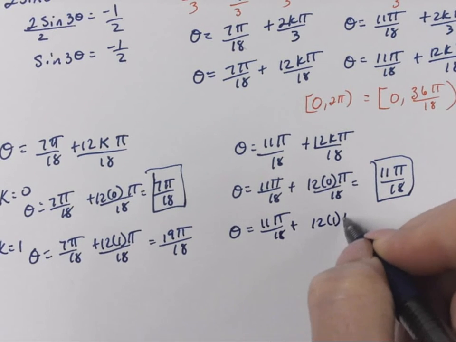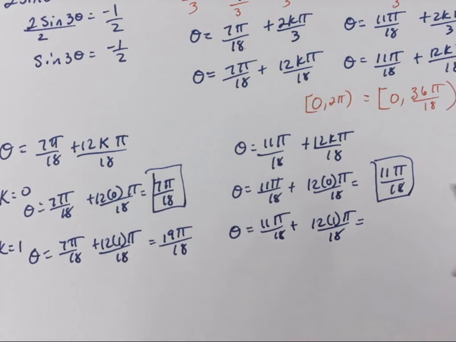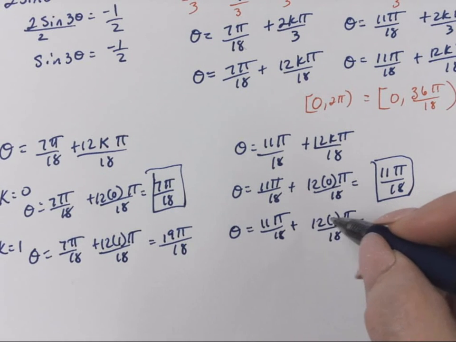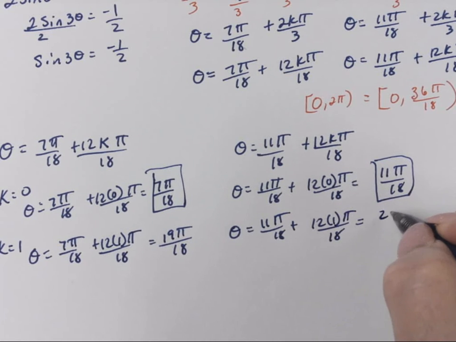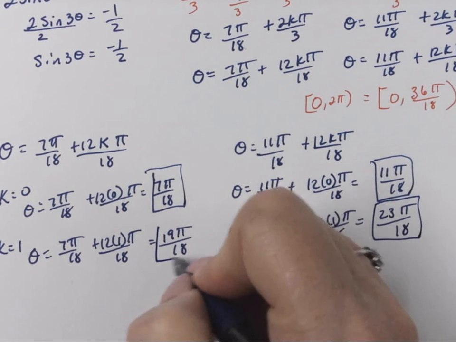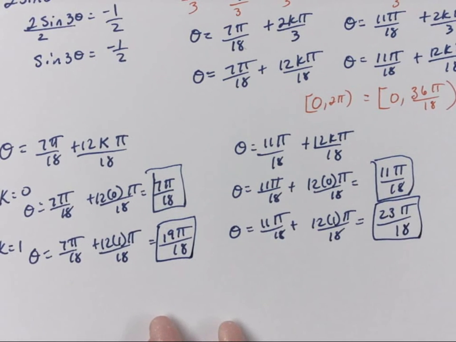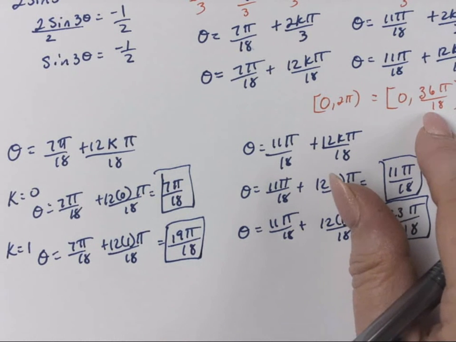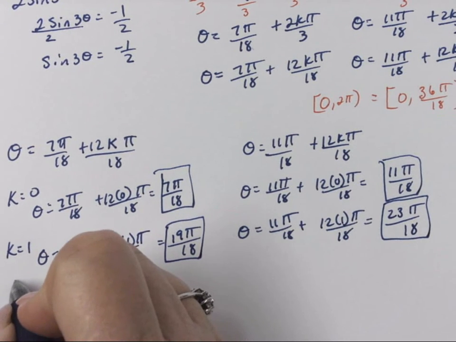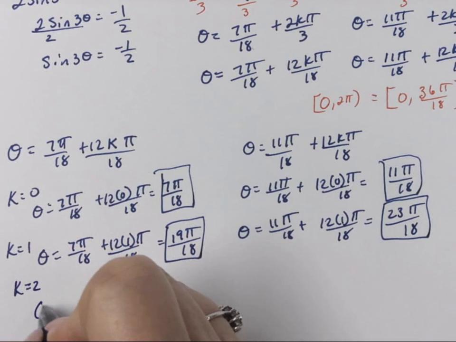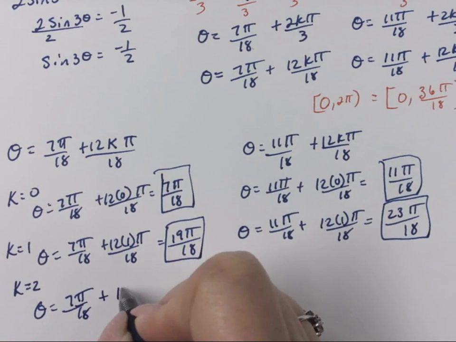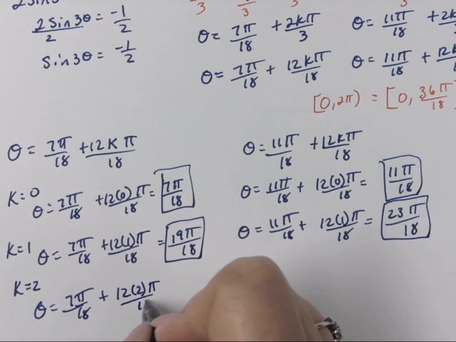So theta equals 7 pi over 18 plus 12 times 2 pi over 18. Well, 12 times 2 will get us 24. 24 plus 7 will get us 31 pi over 18. And then theta equals 11 pi over 18 plus 12 times 2 pi over 18. So 12 times 2 is 24, plus 11 will get us 35 pi over 18.